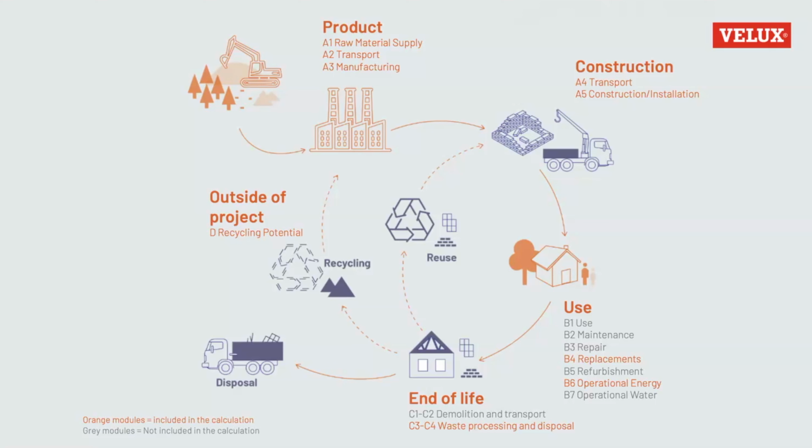We also have to include parts of the use phase, so replacement of materials, and then also a really important one is the operational energy. And then we need to include waste processing and disposal, and module D, which represents the future benefits of recycling. But this module D is outside of the threshold calculation.